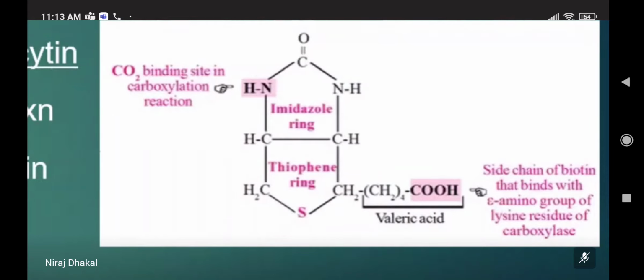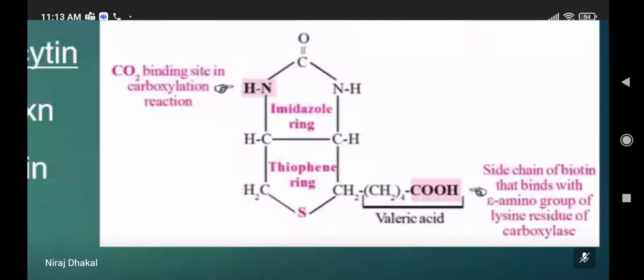for the carboxylation reaction. It means that whenever a carboxyl group or CO2 is to be attached to the substrate, then there is a need of biotin. Without biotin, carboxylation does not occur. And most significantly, there are 4 carboxylases that require biotin.